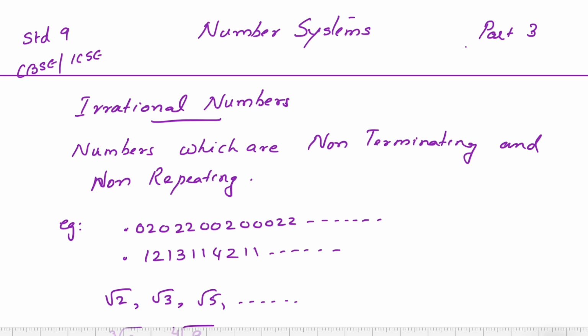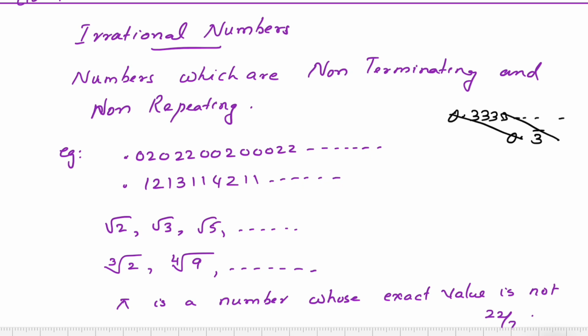In the earlier case of rational numbers, you would have noticed 0.33333 was getting repeated, so you were able to write 0.3 bar. Here you cannot write it like that. So the irrational numbers are numbers which are non-terminating and non-repeating.